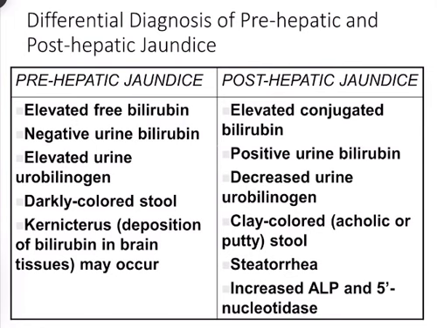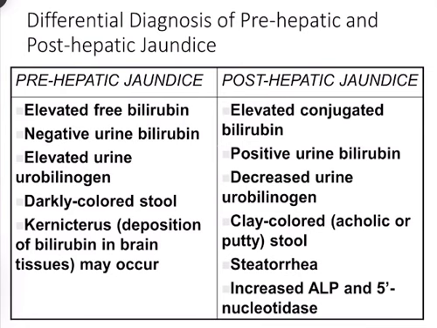Why? Because bilirubin is no longer degraded by your liver, so urobilinogen decreases. Then, clay-colored stool because of the decreased urobilinogen. The bilirubin is excreted intact, so there is no pigment to give the stool color. This is also known as alcoholic or putty stool.